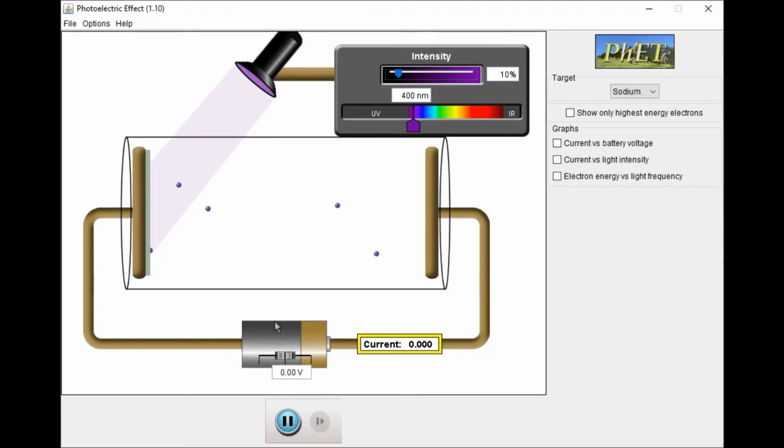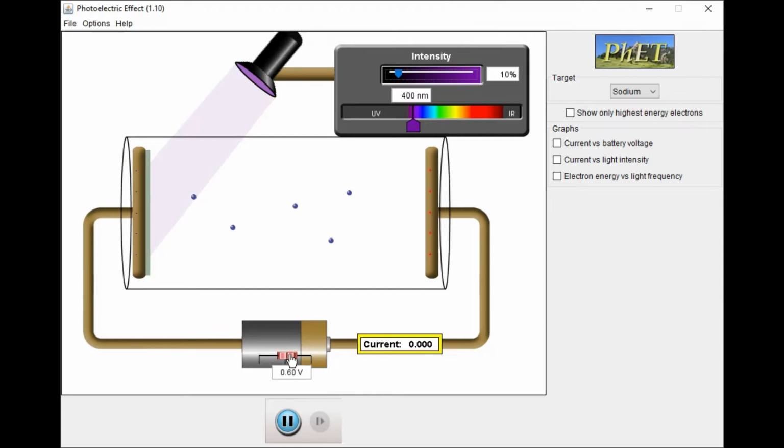Because the voltage is at 0, there's effectively not even a battery as part of this circuit. Neither of those plates is charged. So this simulation shows a bunch of electrons coming off, but without a battery, when those electrons come off, they would just go in random directions, some going up and down and straight across.